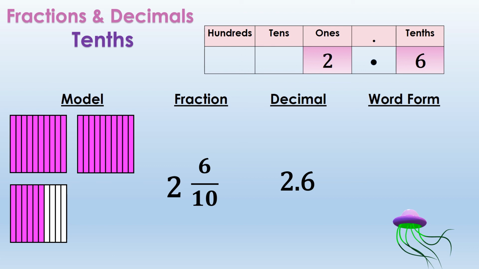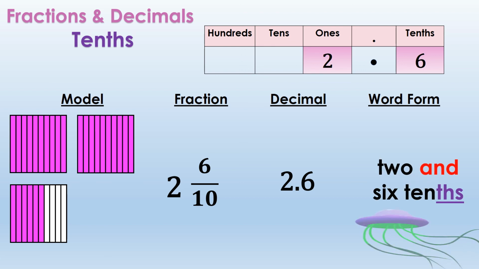Even as I say my fraction, 2 and 6 tenths, when I write that decimal, 2 and 6 tenths, I'm saying the same thing over and over again. It just looks different. 2 and, because I have 2 whole groups, and 6 tenths. Remember, in that, the THS makes that group smaller in my HTO chart.